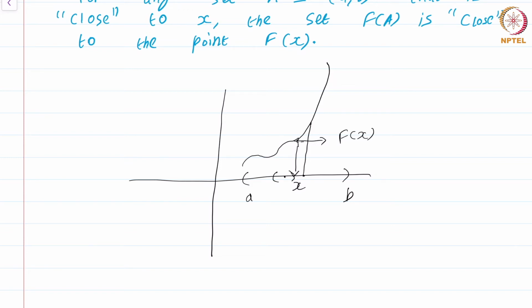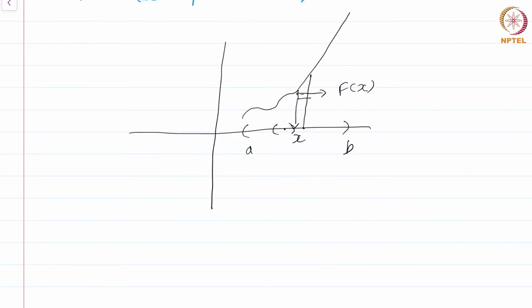Let me not draw that curve in such a manner as to mislead you into thinking that it's not a function. So what we are really interested in is not just what happens to f(y) when y is near x, but what happens to f(y) when y is infinitesimally close to x.